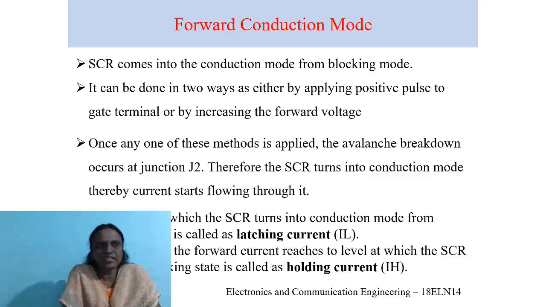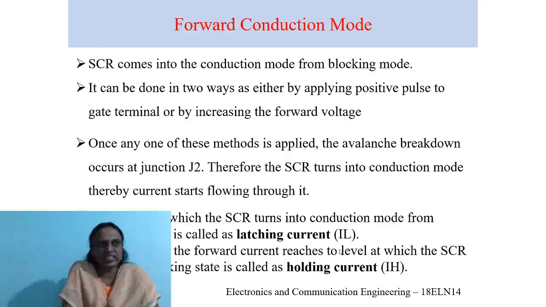At this holding current level, the depletion region starts to develop around junction J2. We know that the SCR is a 4-layer 3-junction device. So in the middle junction J2, the depletion region starts to develop at this holding current level IH.